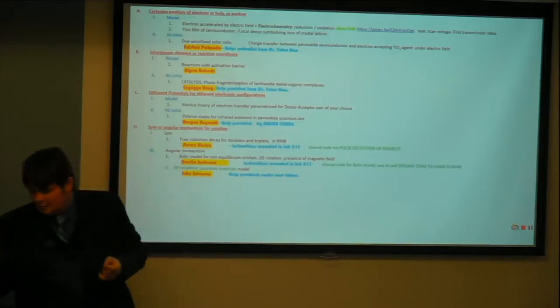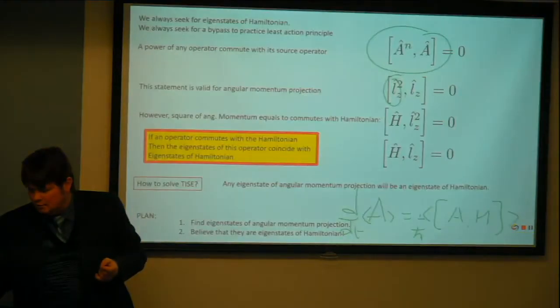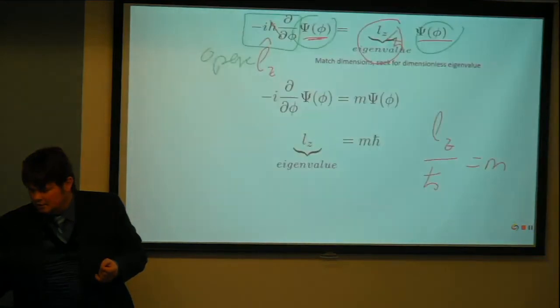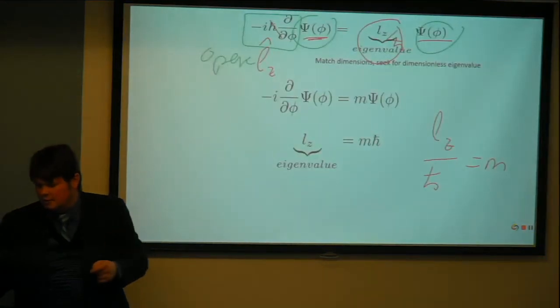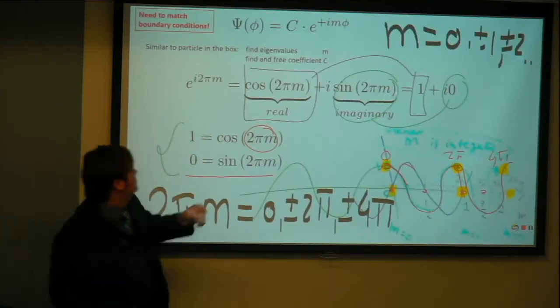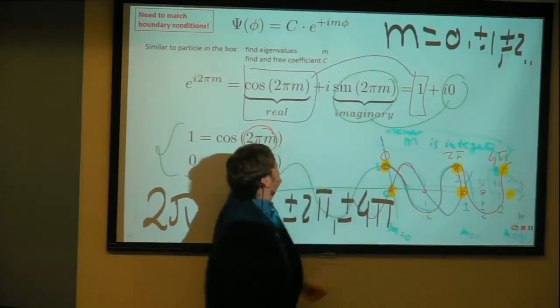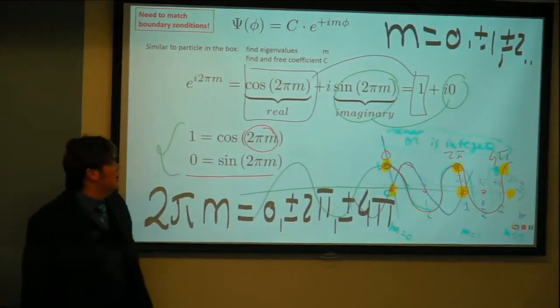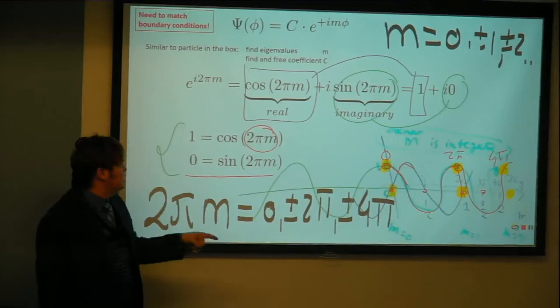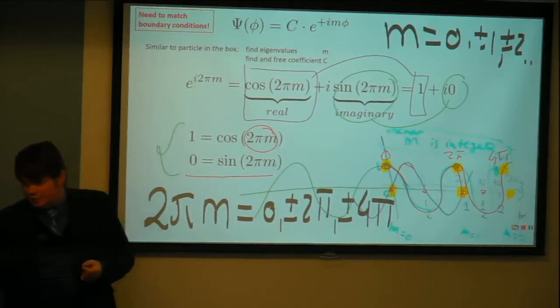And this is what we did last time. So we quantized angular motion for the rigid rotator, found that it has the shape of an exponential with the azimuthal angle in the power, and the values of the angle are multiplied by discrete integer numbers.